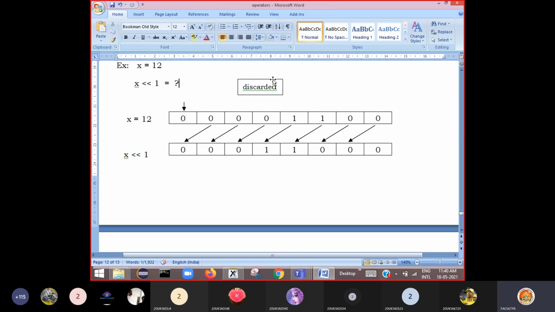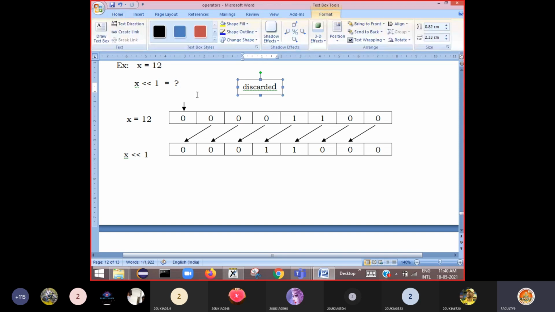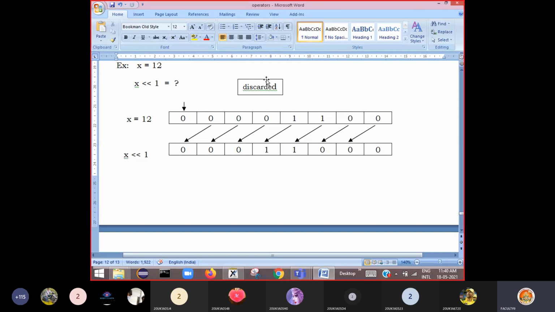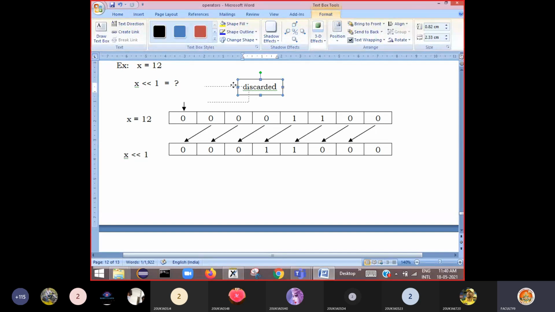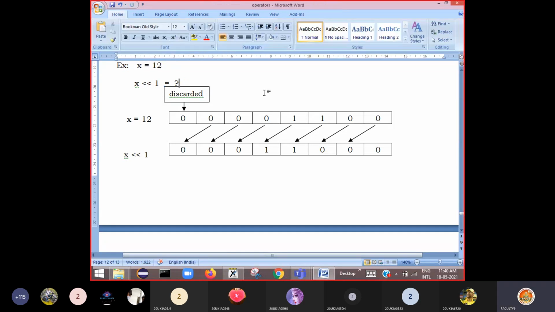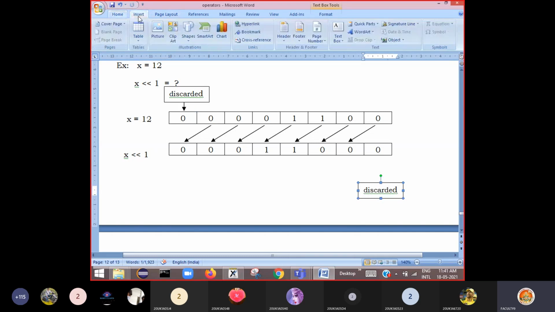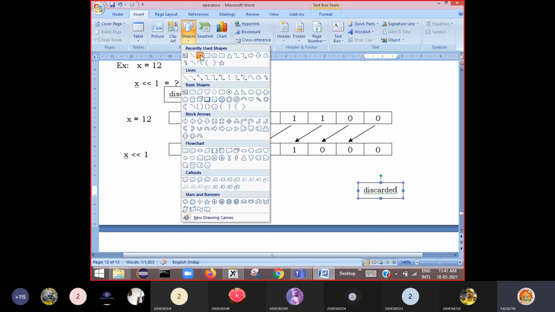Now see, this is discarded here. Now I can add this here, right? So this is discarded here, and now this bit position on this side will be filled with zeros.